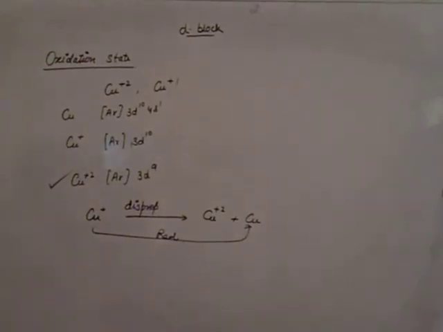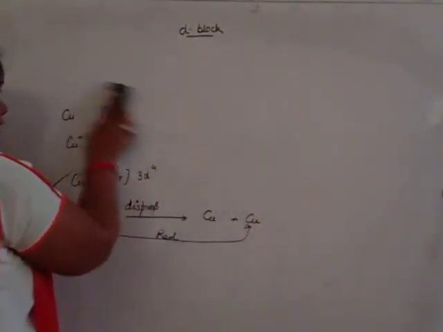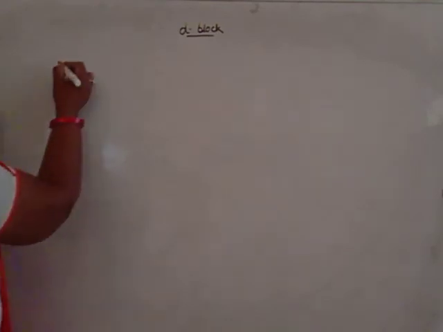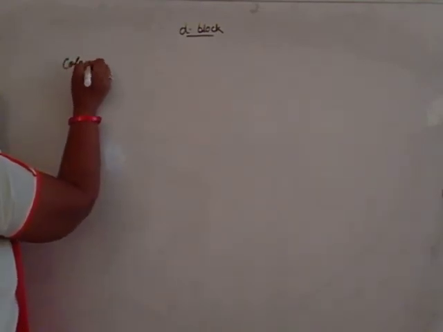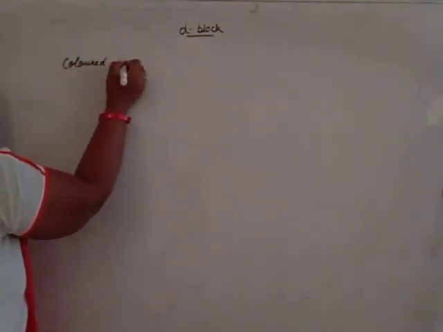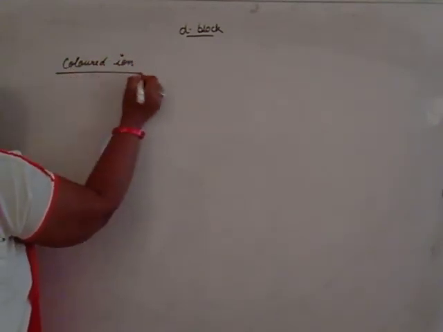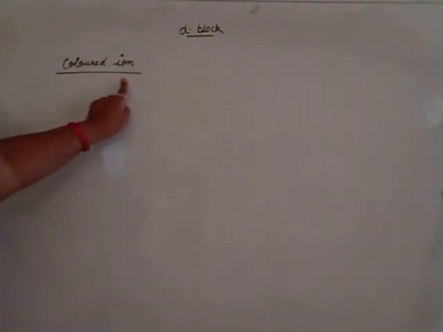Now, the last property of the d block elements, that is colored ions. All d block elements have a tendency to produce colored ions. Why do d block elements have a tendency to produce colored ions?